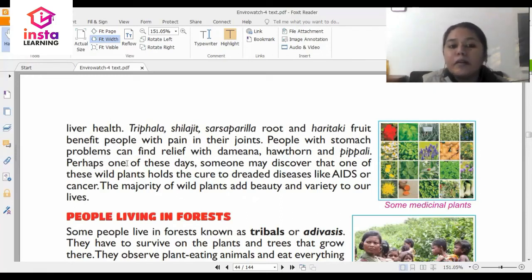People with stomach problems can find relief with some other plants. Perhaps one of these days, someone may discover that one of these wild plants holds a cure to a deadly disease like AIDS or cancer.